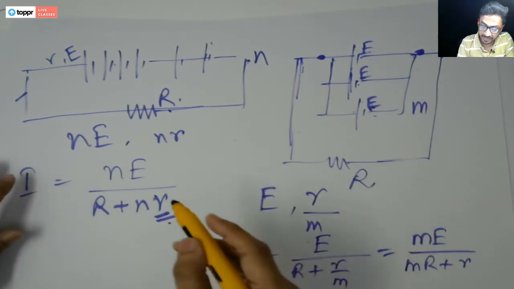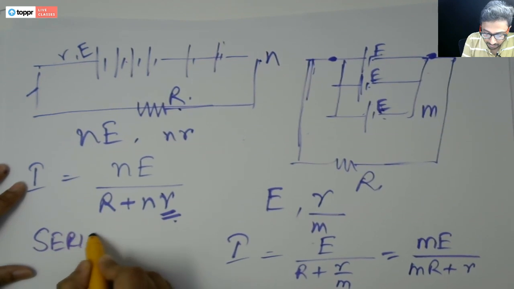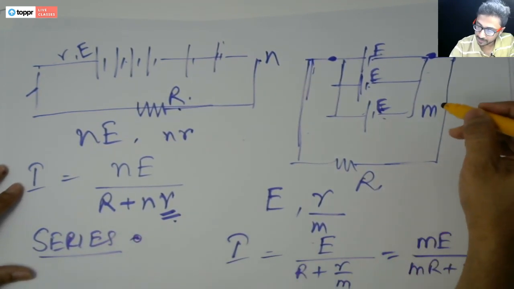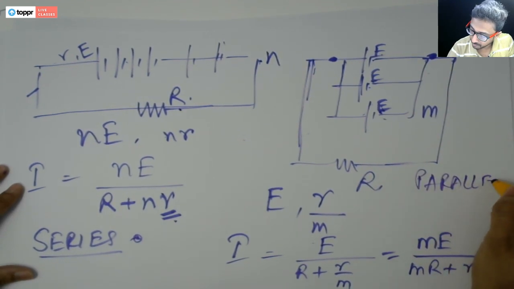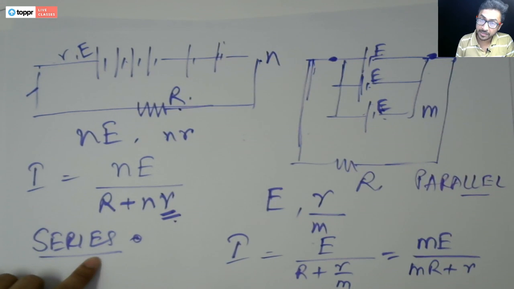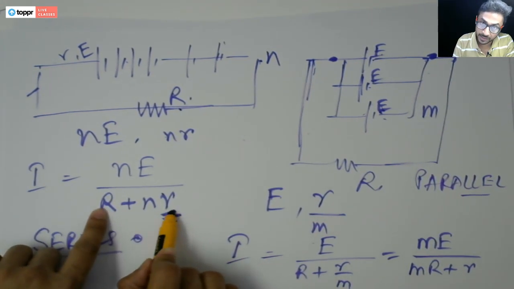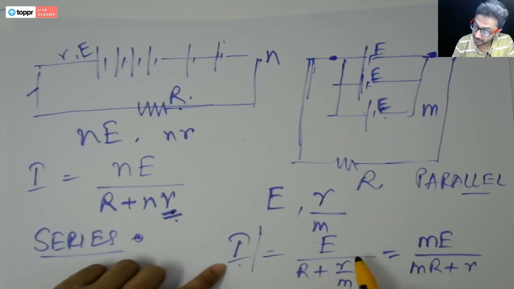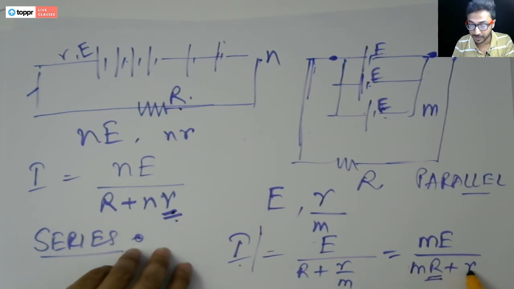In this case, this is a series combination of cells, and this is parallel. In series, the internal resistance should be very small compared to the external resistance. In parallel, if we need to multiply the current, then the external resistance should be very small compared to the internal resistance. Then only we can ignore this compared to this.